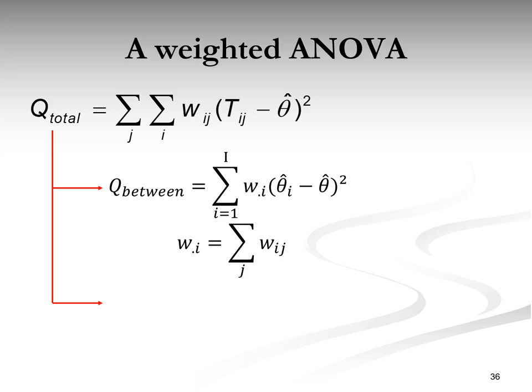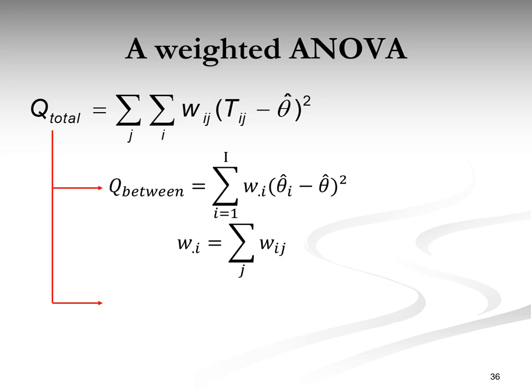So we look at the mean population effect size estimate within each category i, and we calculate the deviation with the overall mean estimate. We square this deviation, we weight this squared deviation, and we sum this over all categories.